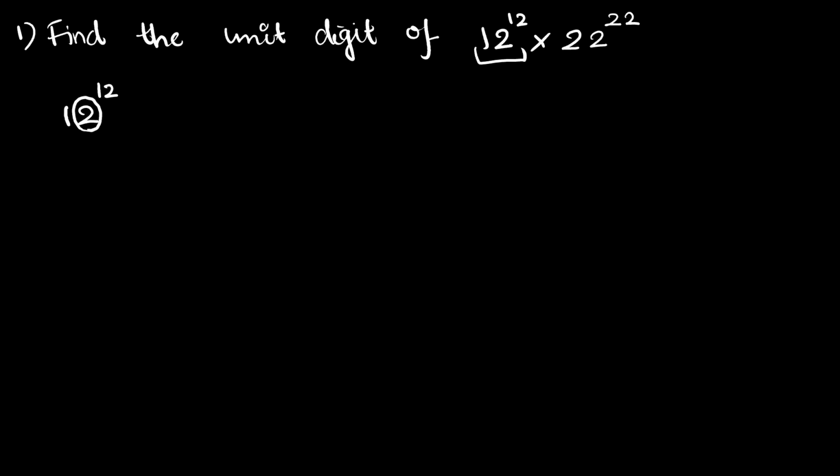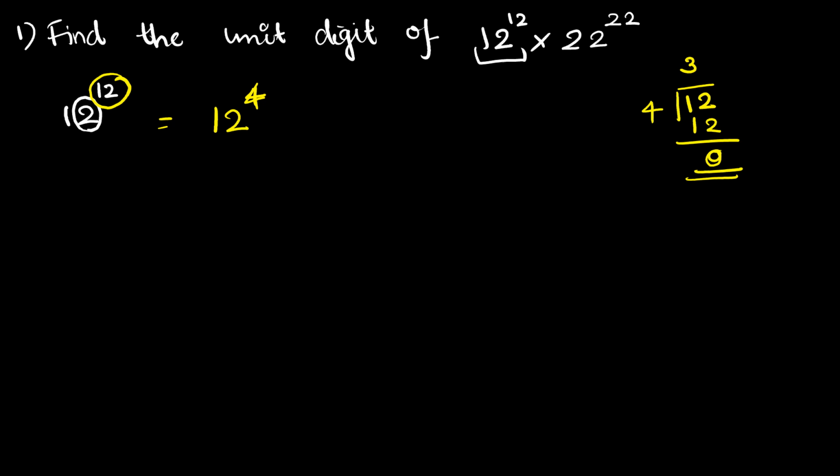So we know that for 2, the 4 numbers that we just discussed, 2, 4, 8, 6, repeat themselves after an interval of 4 cycles. Therefore the first step is to divide this power by 4. 12 divided by 4, we get remainder as 0. If we get a remainder as 0, we have to write the power as 4, not 0.